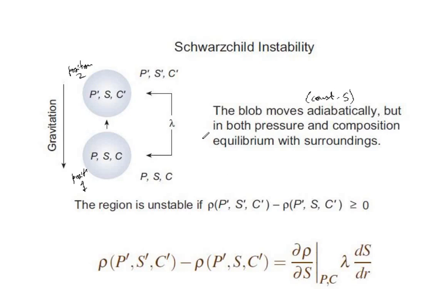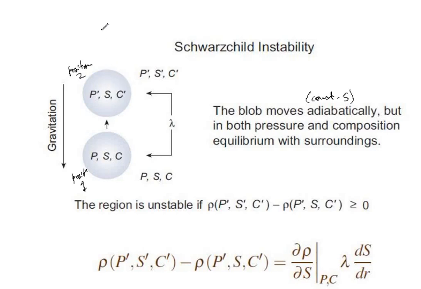Okay, so now as we were saying, the region is unstable if you see the density of this part here, the density in this outside region is greater than the density inside the region. Then what will happen?